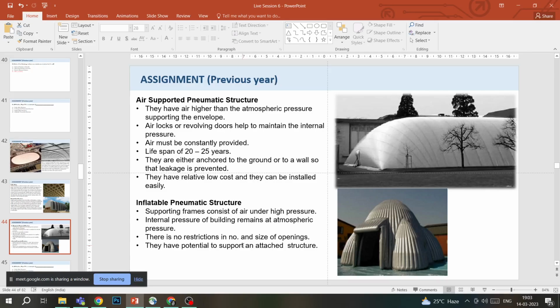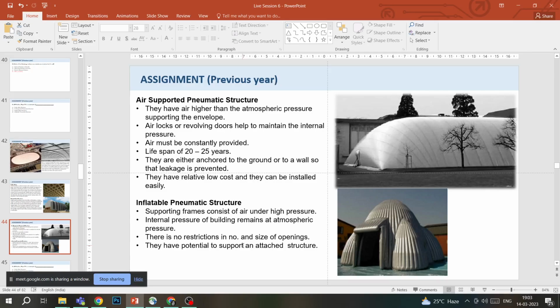So what was happening in the air supported pneumatic structure was that this is the shell or the cover or the envelope of the structure, and the air was inside the whole structure. What happens in an inflatable pneumatic structure is that it's like the shape of a balloon. Consider it like a balloon of some shape, and then that thing is filled with high pressure air, and that inflates.